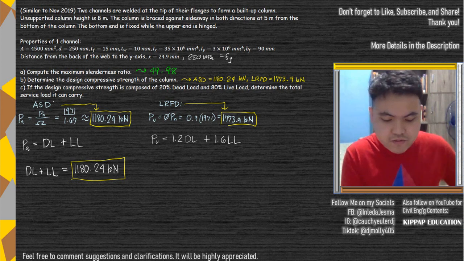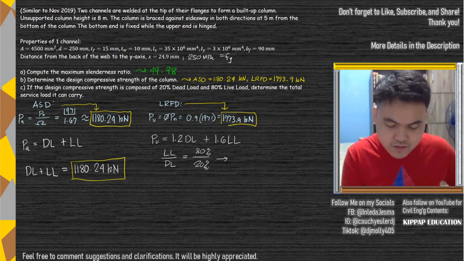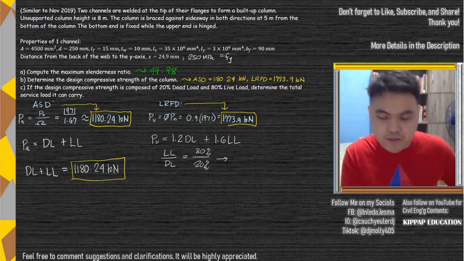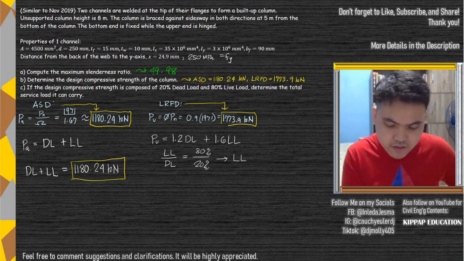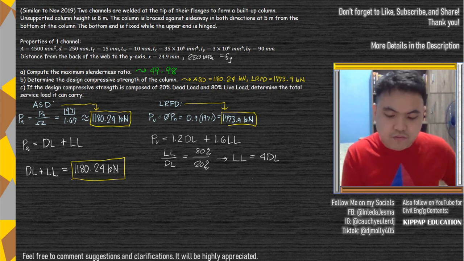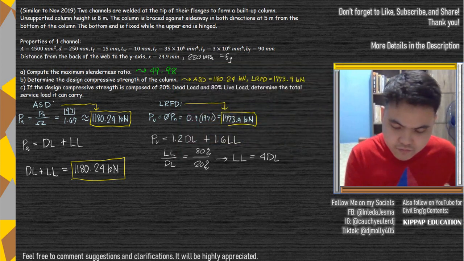Let's express their ratio. So, we have the live load divided by the dead load is 80% divided by 20%. And we can actually have this relationship, which is live load is equal to 4 times dead load.